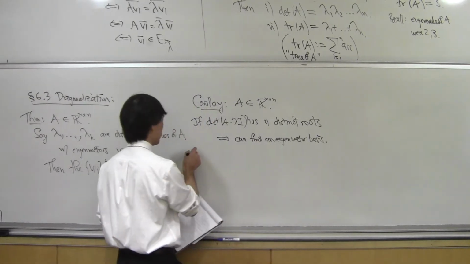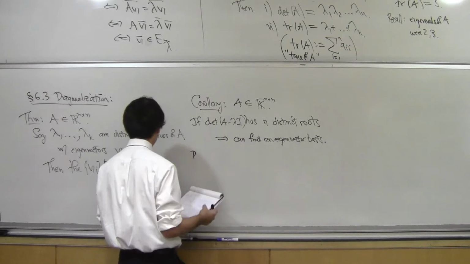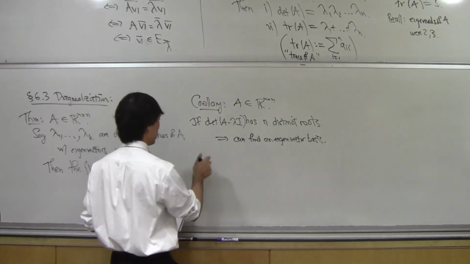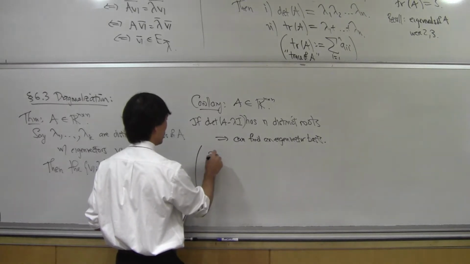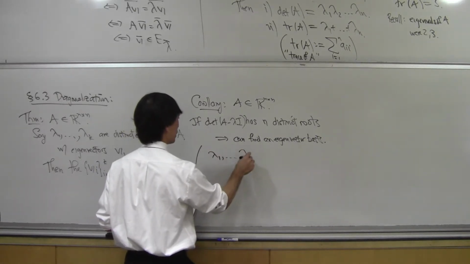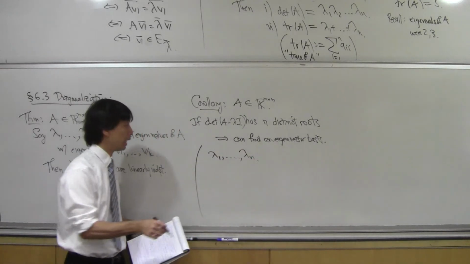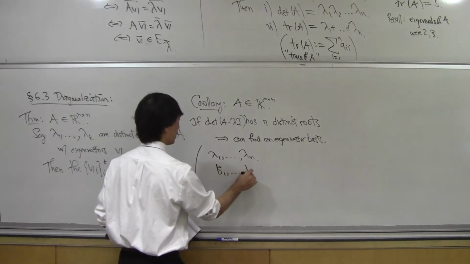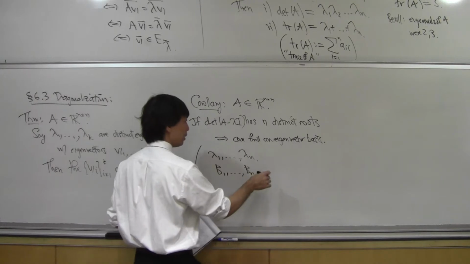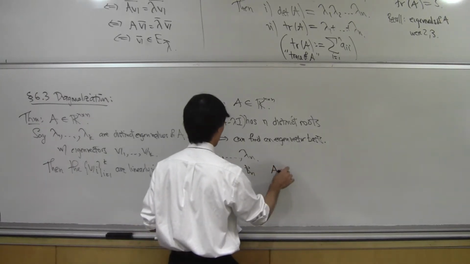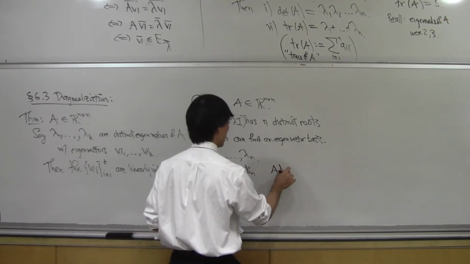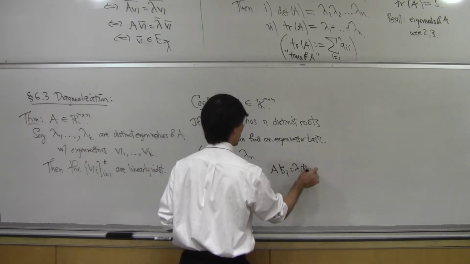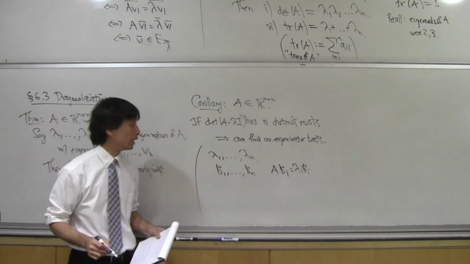You've got your distinct roots, and then you would have n vectors that are all eigenvectors, A bi equals lambda i bi.